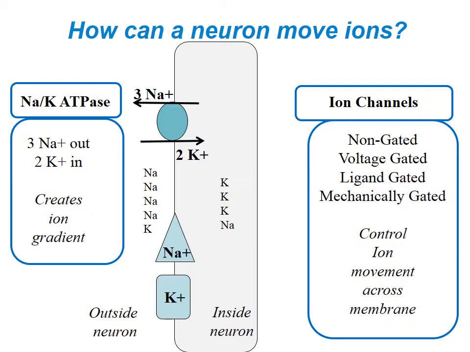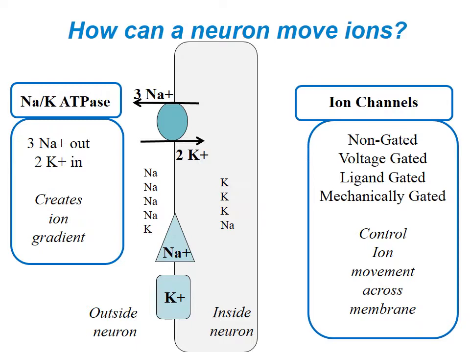So not only do we have a chemical gradient for each ion, but we also have a charge gradient now. It's relatively positive outside, thanks to that extra sodium ion, but relatively negative inside. This is the charge gradient needed to create a potential difference. The voltage will be the measurement of this potential difference.